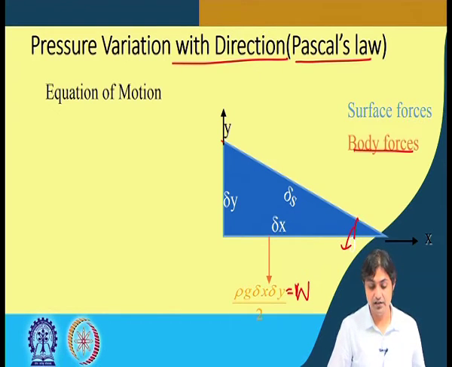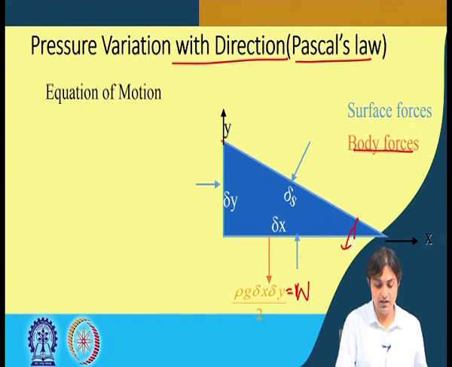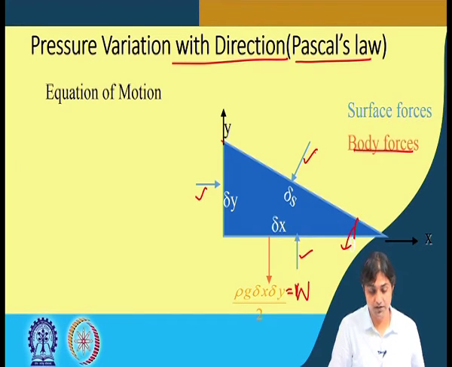Now looking at the surface forces, what we have seen before, surface forces in case of fluid statics will be only due to the pressure. So pressure will exert force on all these 3 surfaces. What is the magnitude?